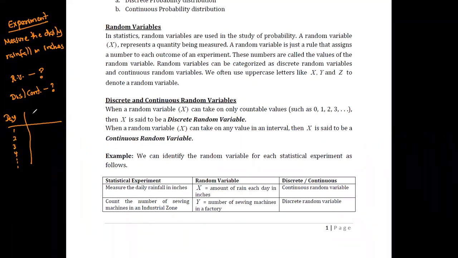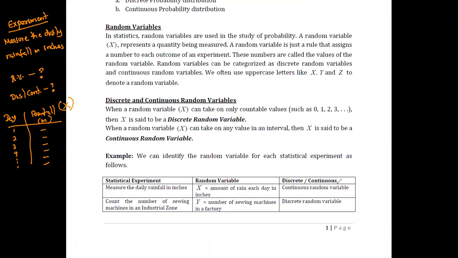Then you measure the rainfall in inches, and you may have several values. Therefore, the amount that you have got as the rainfall will be the random variable.